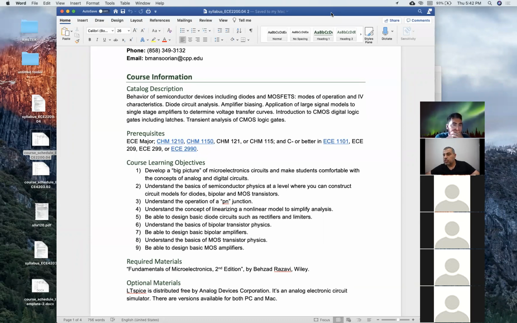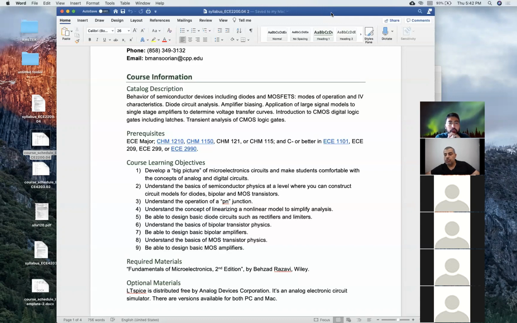So we're going to start with semiconductor physics, and I'm going to go really light on that. The reason we're looking at semiconductor physics is because these microelectronic devices are made out of semiconductors. So you need to understand a little bit how you can use a silicon semiconductor to create diodes, transistors, et cetera.